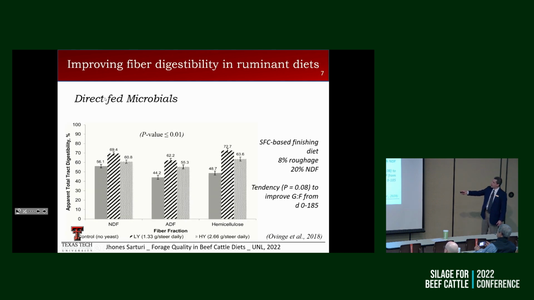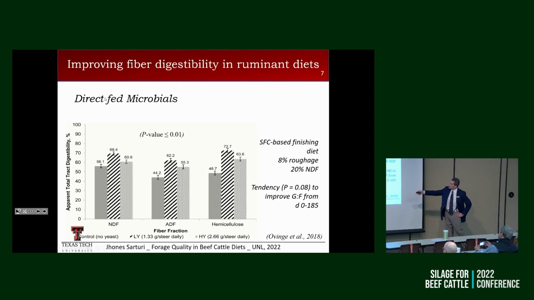So direct-fed microbials. In this case, these are also Texas Panhandle, steam-flaked corn-based diets, perhaps not the best environment for fiber digestion inside the rumen, if you think with me from that perspective.